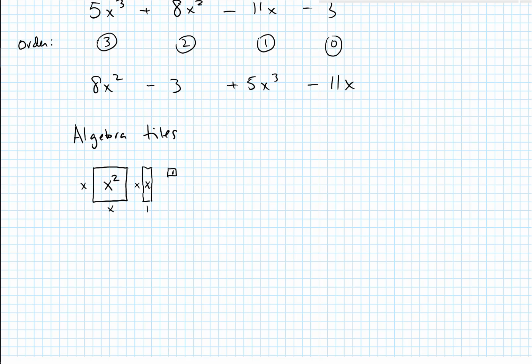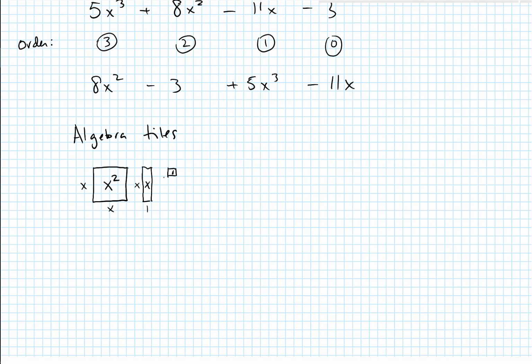So you don't want to get hung up on how many of these little 1 tiles you can fit in. If you're dealing with physical algebra tiles made of plastic or wood or whatever, they never quite match up perfectly. However, they're always about 4 or 5, but you don't want to get hung up on that, because really it's meant to represent a variable quantity.